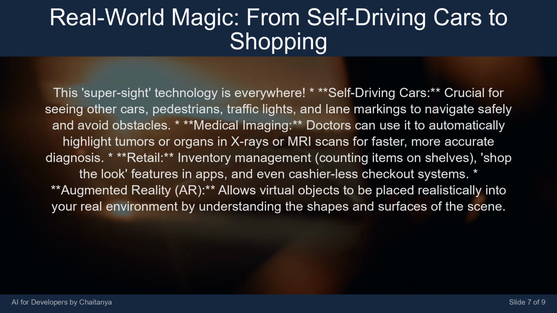Retail: inventory management, counting items on shelves, shop the look features in apps, and even cashier-less checkout systems. Augmented reality, AR: allows virtual objects to be placed realistically into your real environment by understanding the shapes and surfaces of the scene.